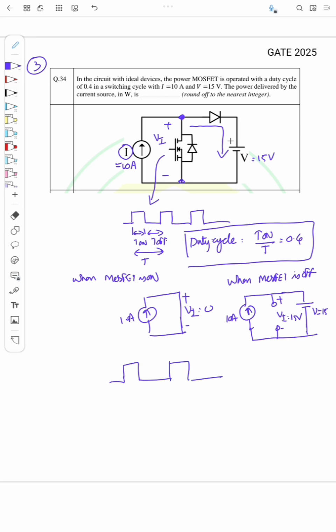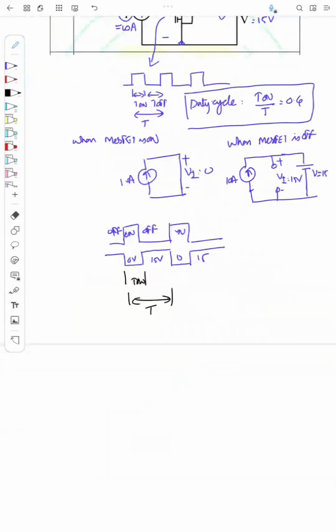When the MOSFET is on, the voltage across it is 0, and when it is off, the voltage across it is high. So this is off and this is on. Here it is 0 volt and here it is 15 volt. This is the on time T on, and this is the total time T. So this is the voltage VI.